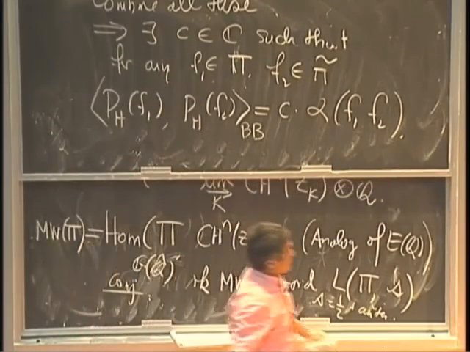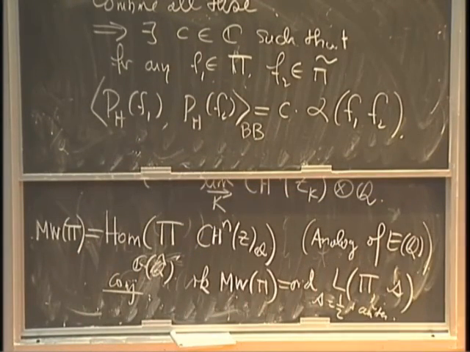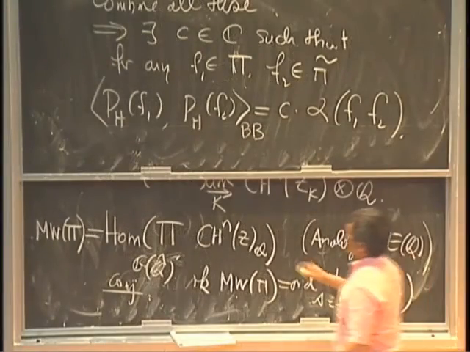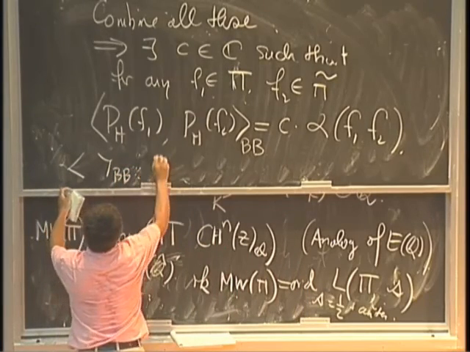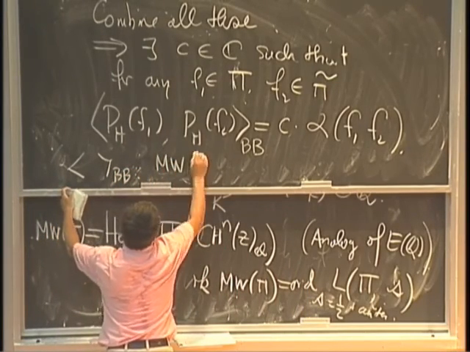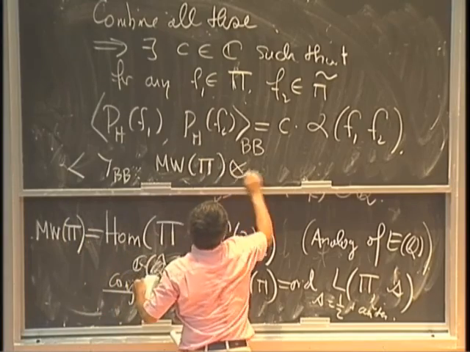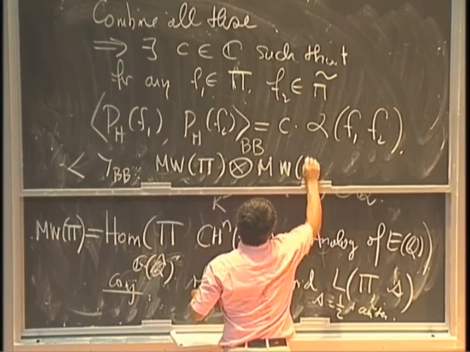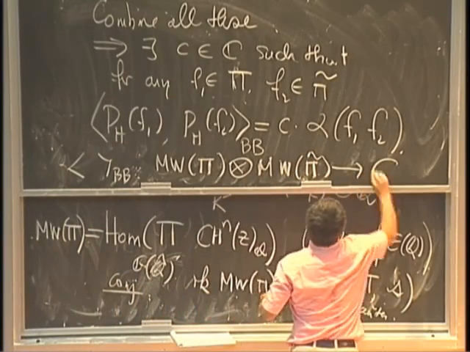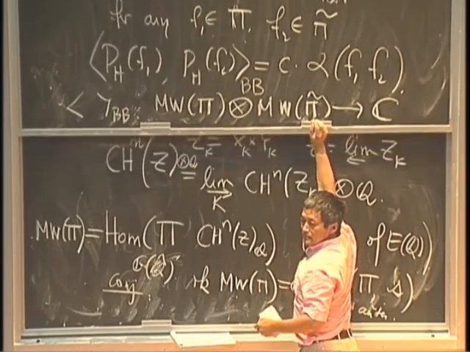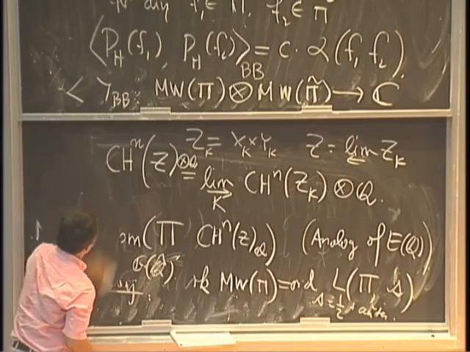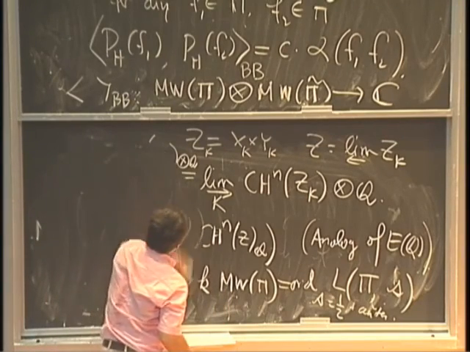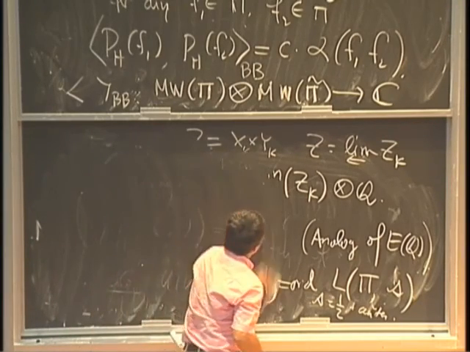Because, okay, so what I mean is that there's a pairing between the Chow group of this representation and the Chow group of the contragredient to the complex numbers. So now I will write down, this is a big conjecture.